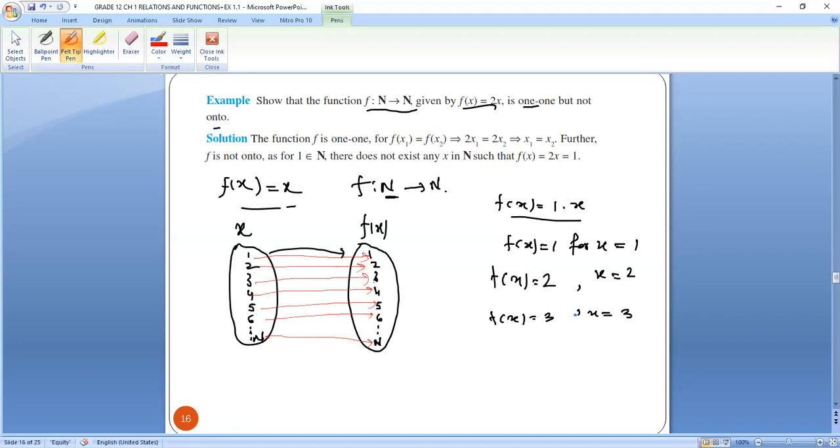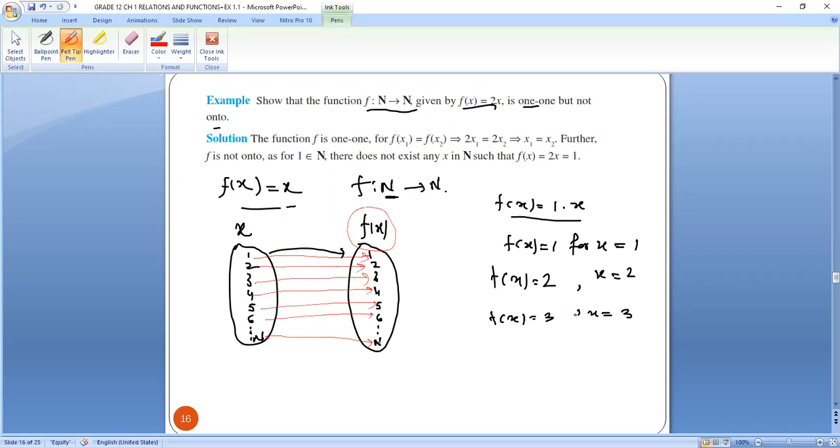So is this function a one-one function? Yes, because every element is mapped with one element only, right? So this function is one-one. Is this function onto? Yes, because every element of f(x) will have a pre-image, right? You take f(x) as anything, say 9, then x will be 9. If f(x) is 30, x will be 30.